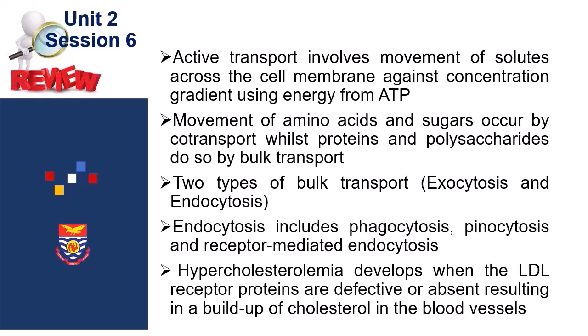There are two types of bulk transport, exocytosis and endocytosis, and we looked into the detail of each type. And we finally looked at hypercholesterolemia, which results when there is an absence or defect of low-density lipoprotein receptor proteins that could lead to the buildup of cholesterol in the blood vessels.